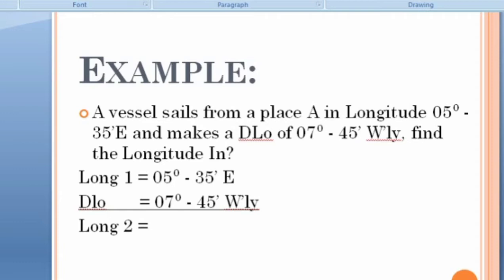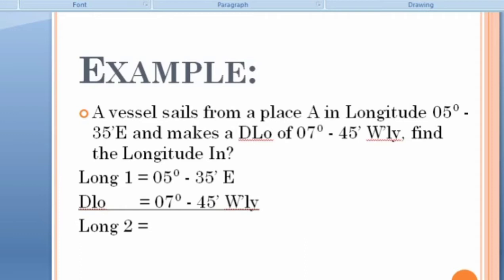So since we are on the east side of the globe and our direction is westerly, and then we have the value of 07 degrees 45 minutes, which is greater than the value of the longitude of origin, which is 05 degrees 35 minutes east.